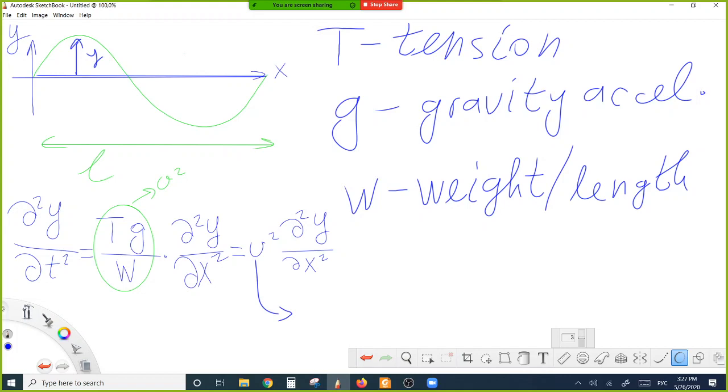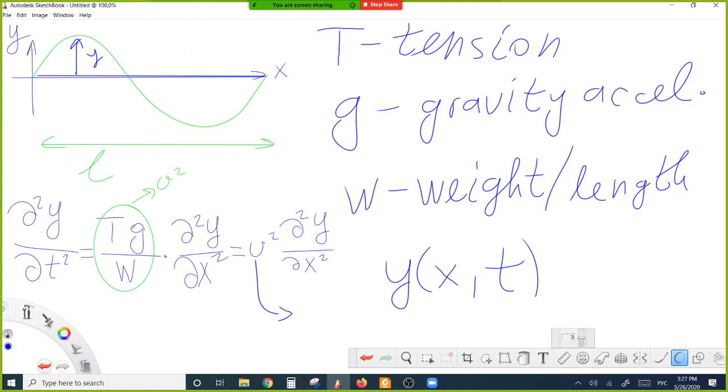This equation is a scalar wave equation, and its solution is a function y which depends on x and t. The important point is that it defines the form of a wave equation.